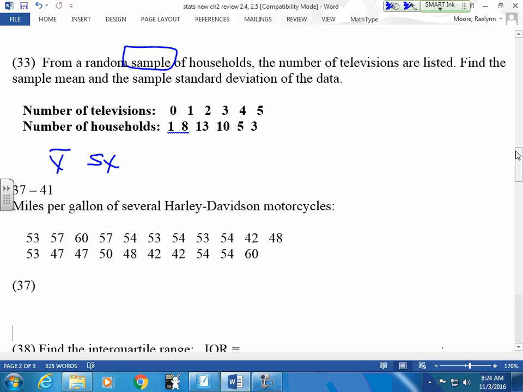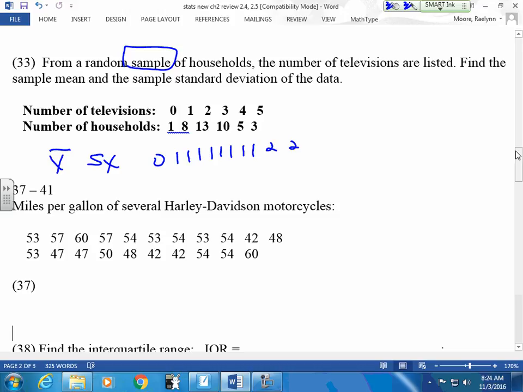Now, we talked about this, we just didn't do one. For the number of households that have no TVs, it is one household. For the number of households that have one TV, it is 8 households. In other words, I'm like this: 0, 1, 1, 1, 1, 1. Then I have 13 of those.